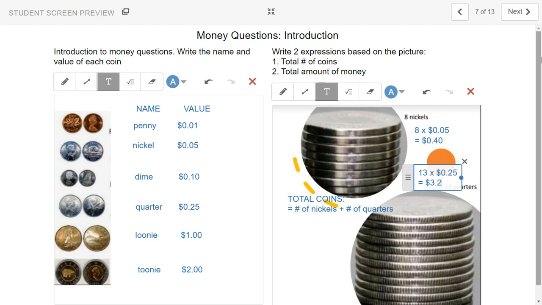That gives me $3.25. If I were to talk about the value, I would have to take the number of coins times the value.